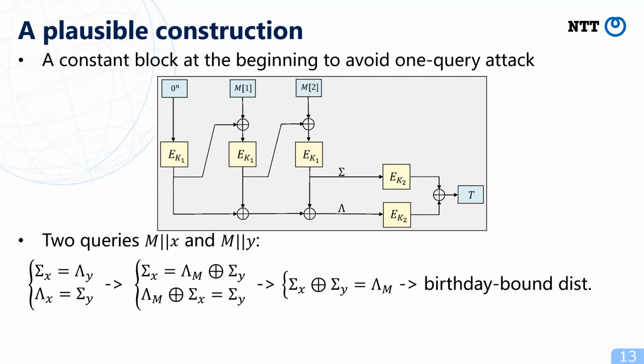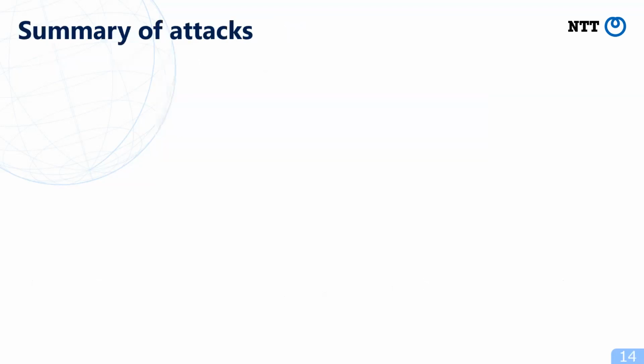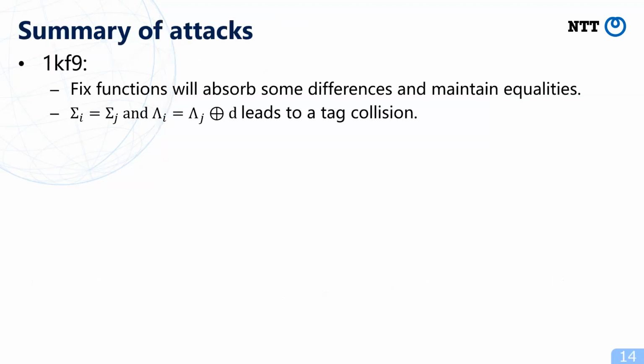And if this happens at birthday bound, then because you have the same block cipher, the same value will come, but inverted. So the lower part becomes the upper part, and you get a tag collision. It's actually not a forgery, but that's a distinguisher, because tag collisions will happen more often than you expect.